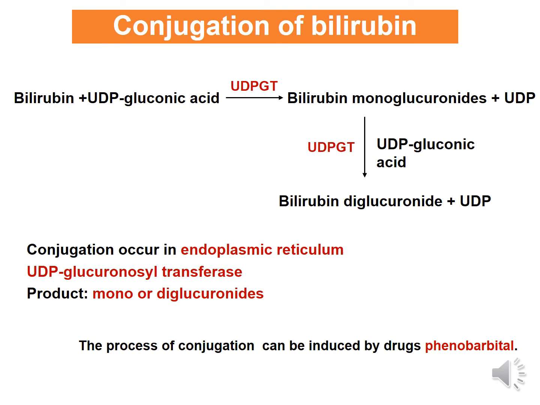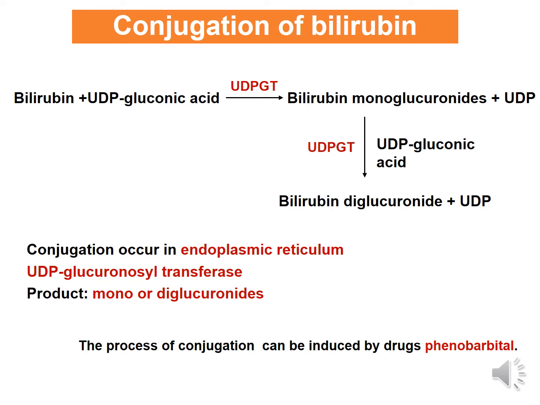In the hepatocyte, bilirubin solubility is increased by the sequential addition of two molecules of glucuronic acid in a process called conjugation. Conjugation occurs in the endoplasmic reticulum.